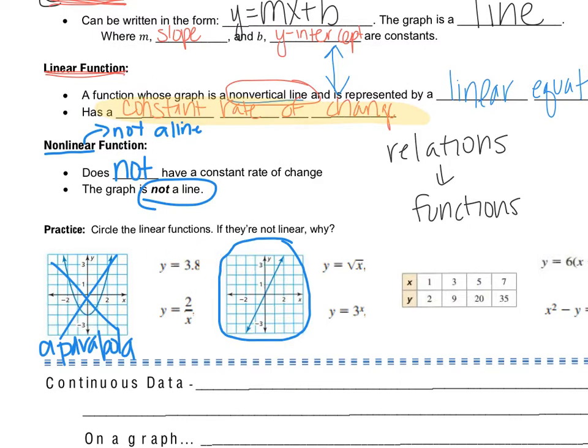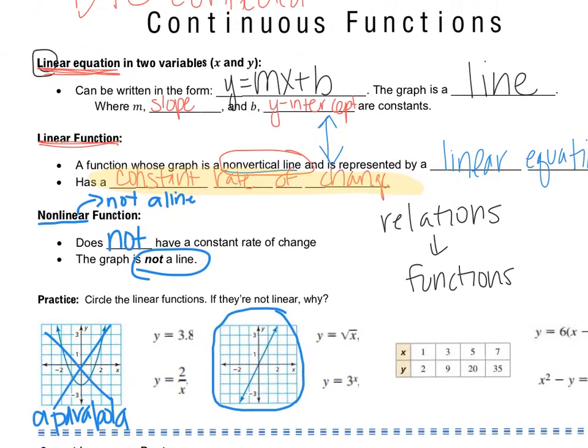It's really helpful to remember what a linear function looks like. So look back up here at your notes. If it's linear, it's in the form y equals mx plus b, and m and b are constant numbers. The biggest thing to note is that x here is just x. It's not x squared, it's not x cubed or anything like that.